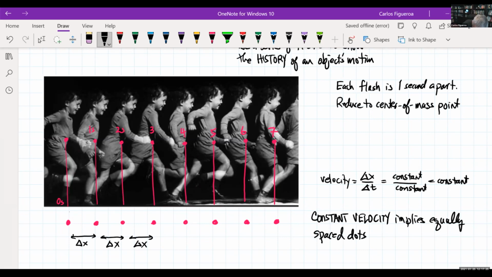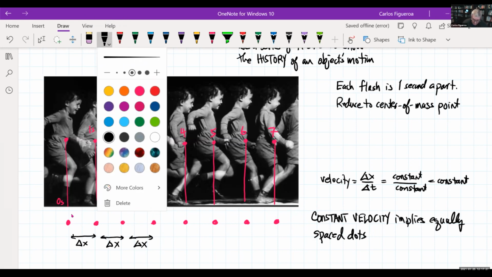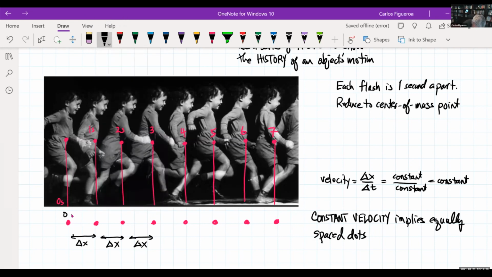If I start to count them now, from 0 to 1, that's the same distance. From 1 to 2, that's the same distance. From 2 to 3, that's the same distance. So now I come in and I draw my velocity vector. What do I know about my velocity vector? Well, my velocity vector goes from 1 to 2, and that tells me what the speed is at point 1.